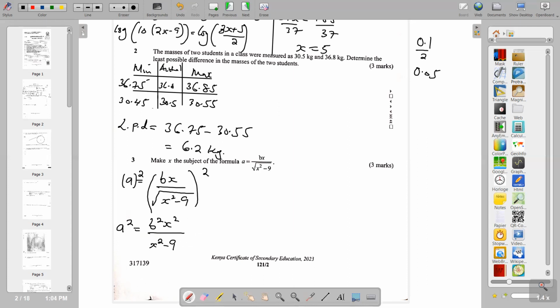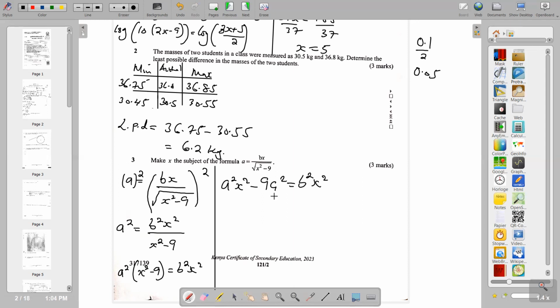You're going to have a squared into brackets x squared minus 9 is equal to b squared x squared. So you open the brackets. You're going to have a squared x squared minus 9a squared is equal to b squared x squared.